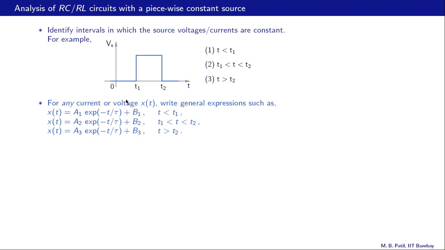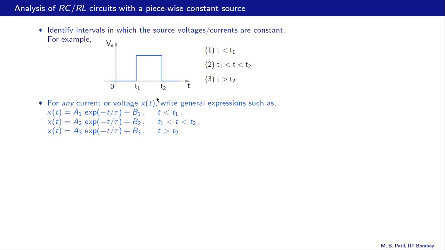Similarly, for the second interval from t1 to t2, we can write x of t as a2 e raised to minus t by tau plus b2. Now these a2 and b2 are also constants, and generally they would be different from a1 and b1.